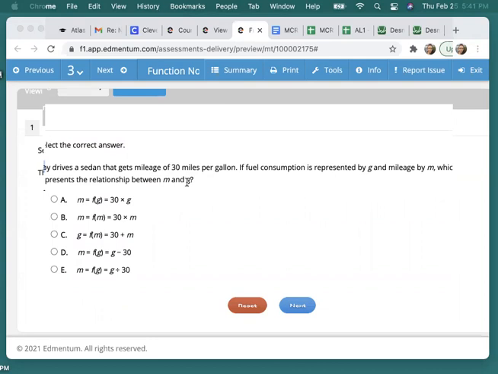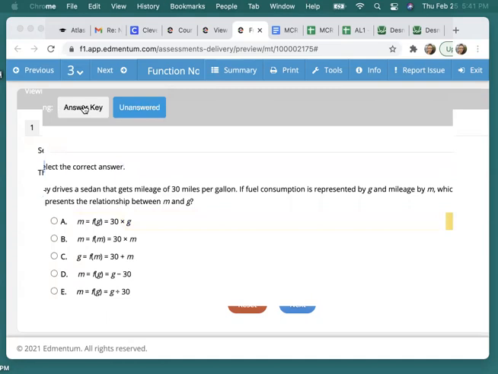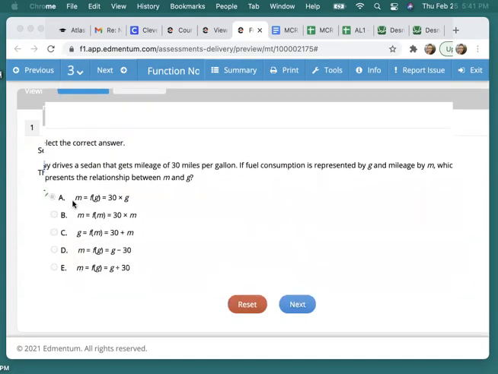So if we look at the answer, miles equals the function of gallons equals 30 times gallons. So anytime you have per gallon, that's why this is multiplied here. Per is multiplication.